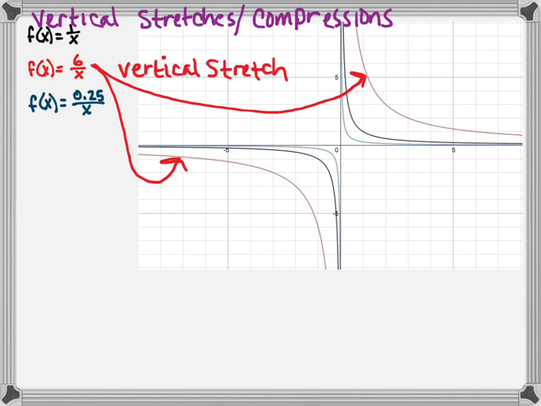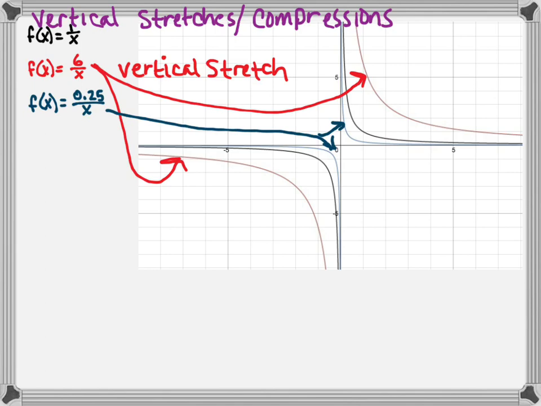So if we were pulling this graph on the y-axis away from the x-axis, it would stretch the parent function graph so that we could achieve f of x equals 6 over x. It's a vertical stretch.